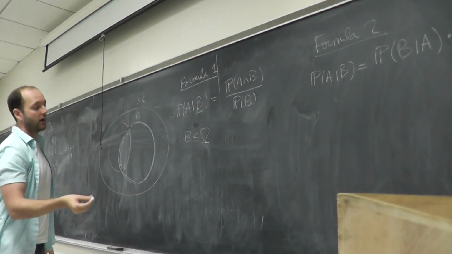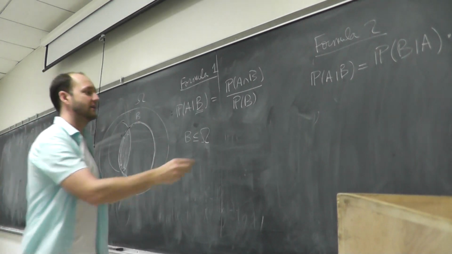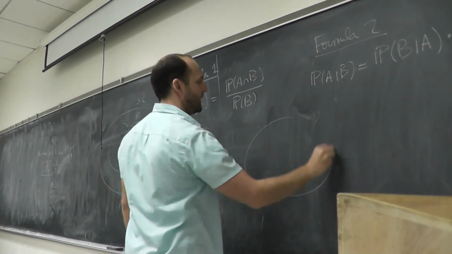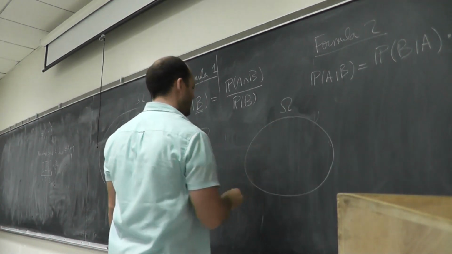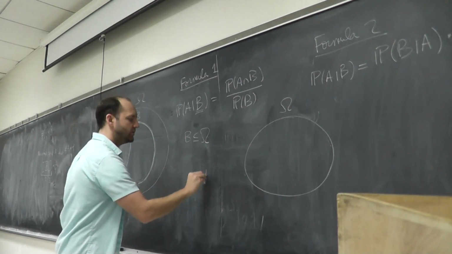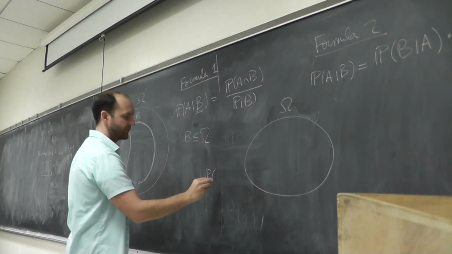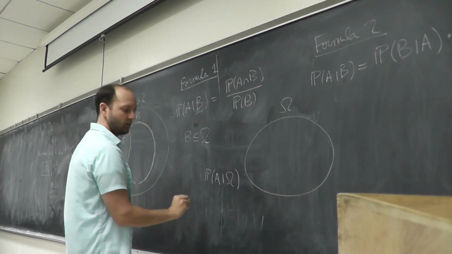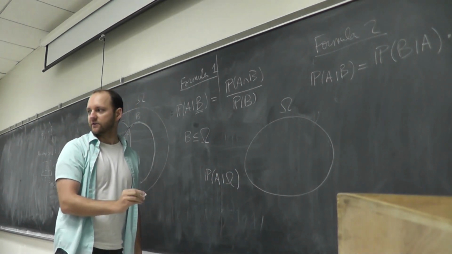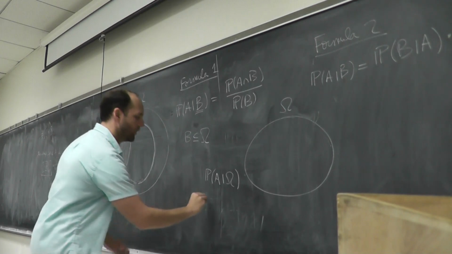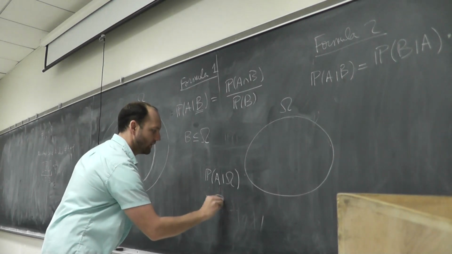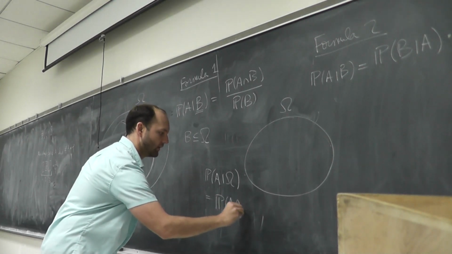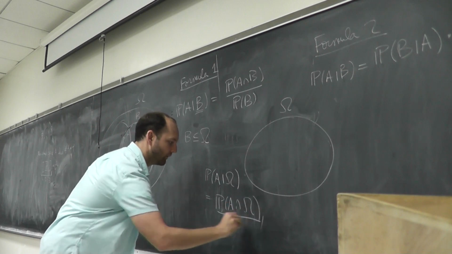So I want to also call attention to the fact that if you just have a sample space, omega, you could still do this. It would be what they call in mathematics trivial. The probability of A given omega, it's kind of a silly thing to see, but it works the exact same way, is the probability of A intersect omega over the probability of omega.